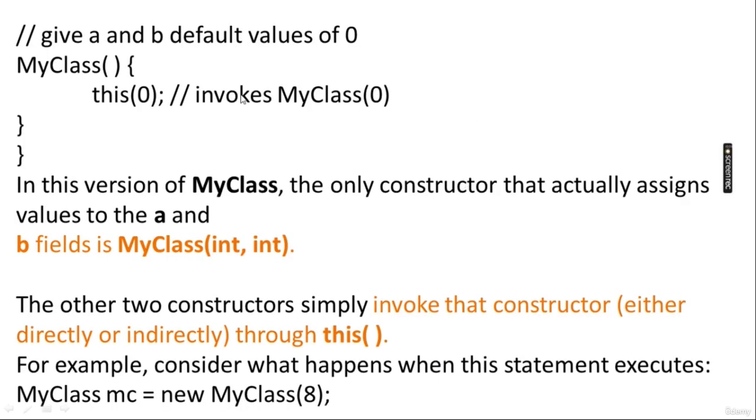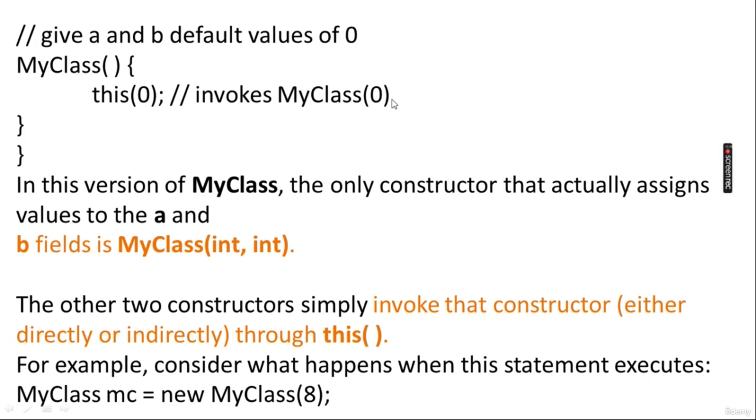Then this(0, 0) invokes MyClass(0, 0). In this version of MyClass, the only constructor that actually assigns values to a and b is MyClass(int i, int j). Only the two-parameter constructor will be called over here.